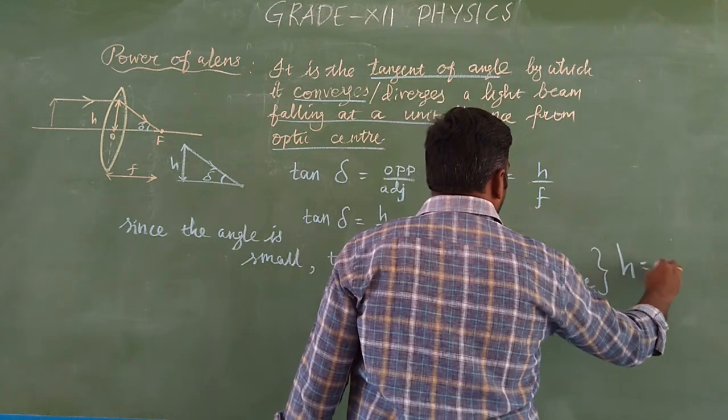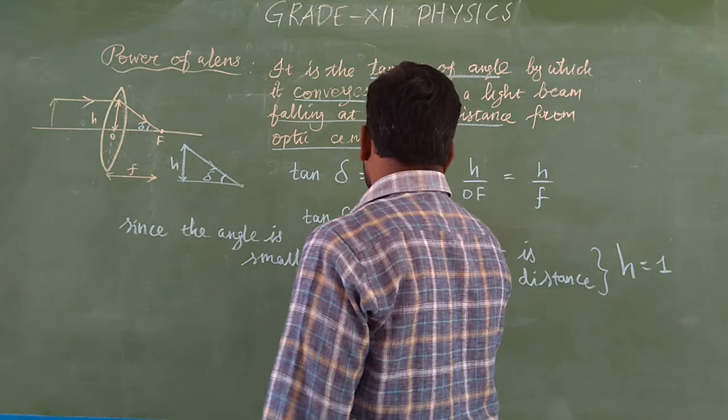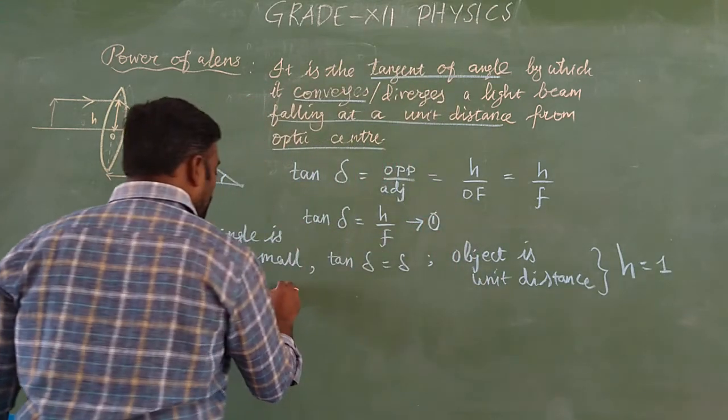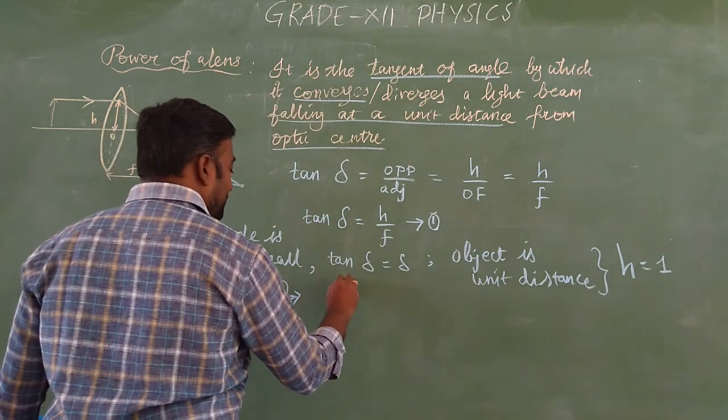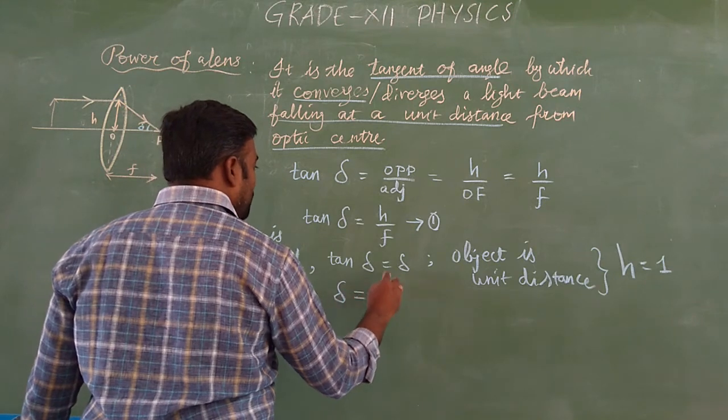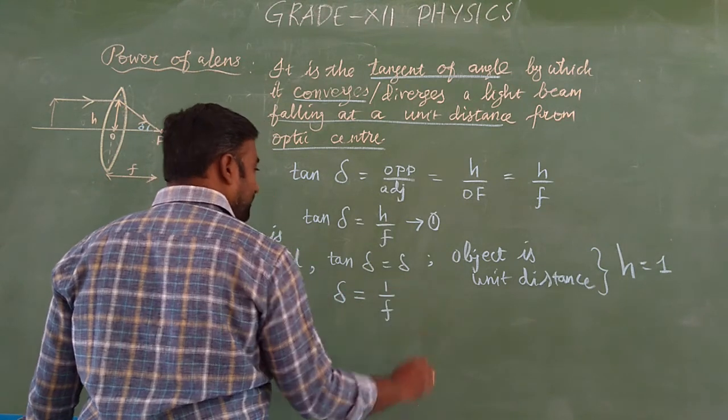So h is equal to 1. Then how will you change the equation? Then equation 1 becomes, tan delta becomes delta, which is equal to h, which is 1, by f.